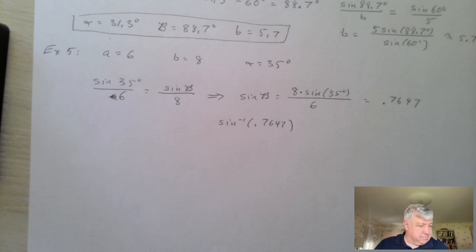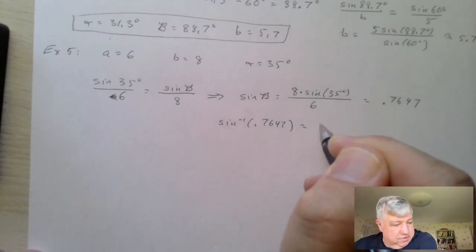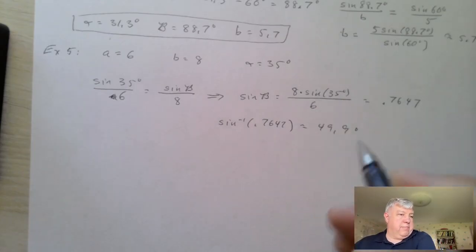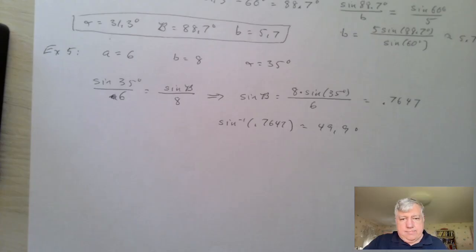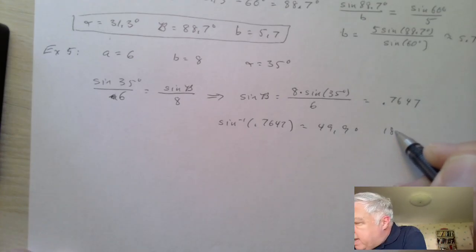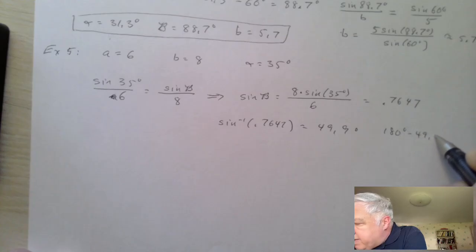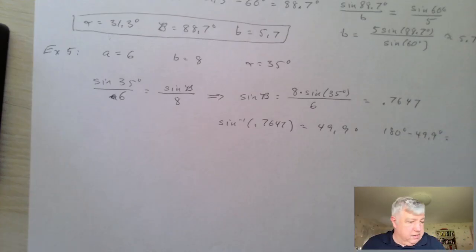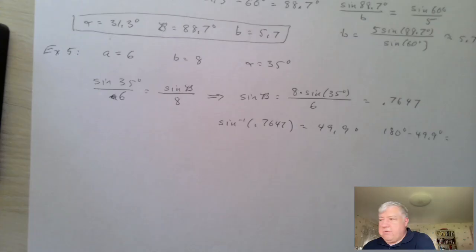So this turns out to be 49.9 degrees, and we find the other angle is going to be 180 minus 49.9, and that turns out to be 130.1.